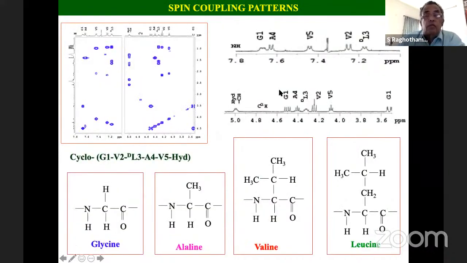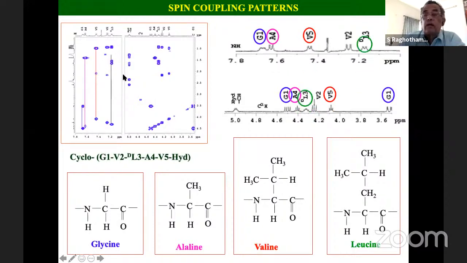Okay, these are some more examples. This is the corresponding 1D, and this is another cyclic peptide, and it simply traces the NH alpha connectivity. Now this is the glycine residue, and this is the alanine residue. You see alanine has a different pattern, NH to alpha to the methyl, and that's the valine, and that is the leucine.